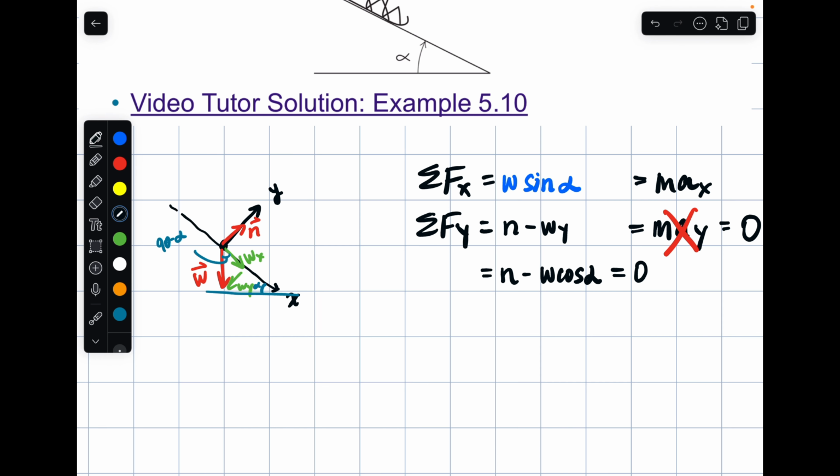So what we need for this problem is we only need to find the acceleration, and so we really only care about this. To find the acceleration, I'm going to solve. And we see that the acceleration of the students in the toboggan is determined by their collective mass and also the component of the weight along the x direction.